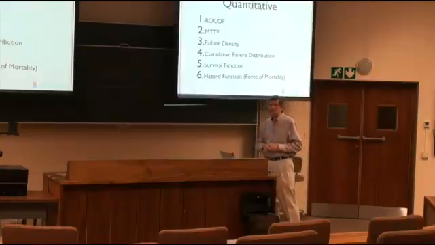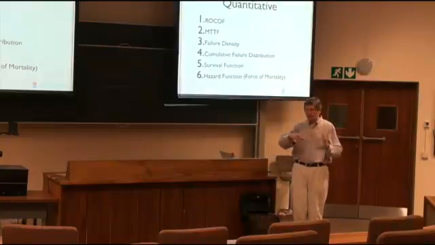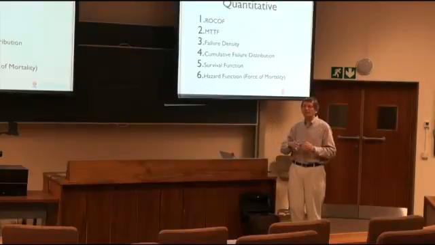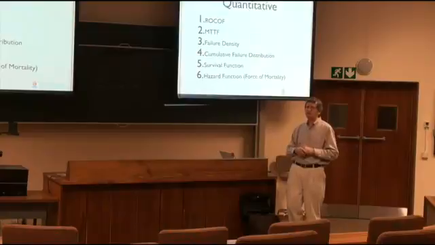It's a function that says if I have a population of, let's say, 1,000 of the same component, or I don't have 1,000, but I have 1,000 times that the same component failed. So I have 1,000 failure times for the component.